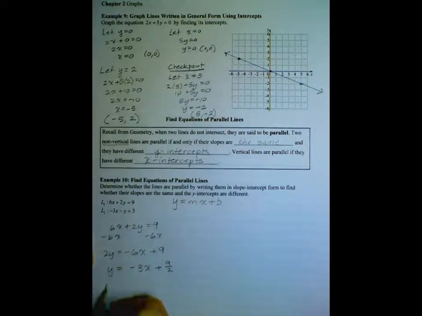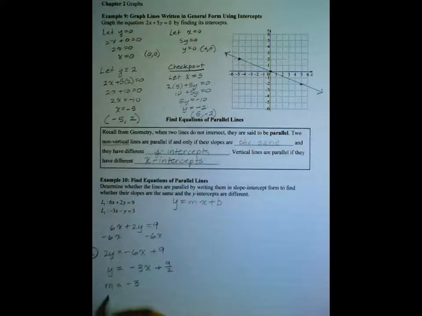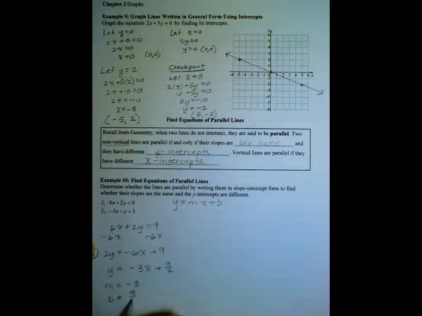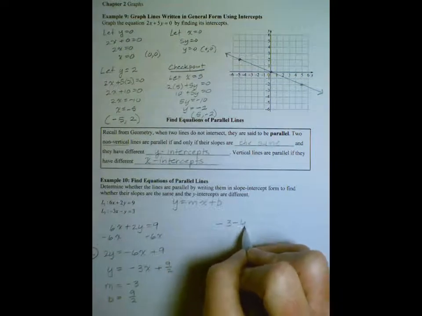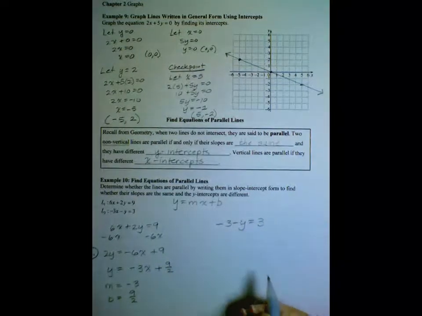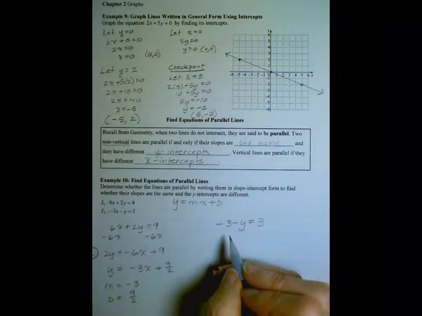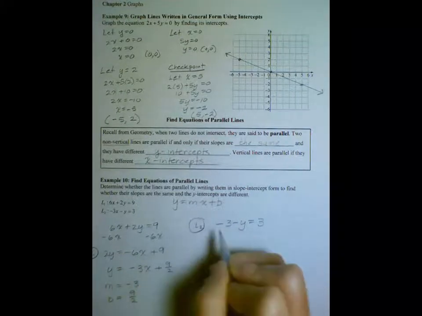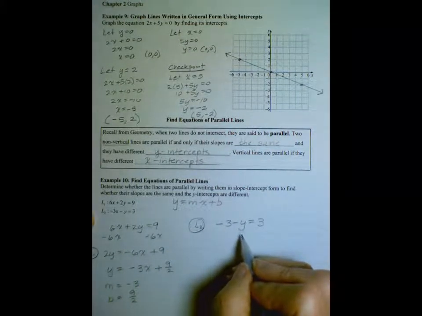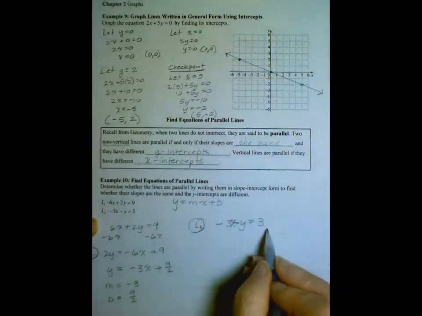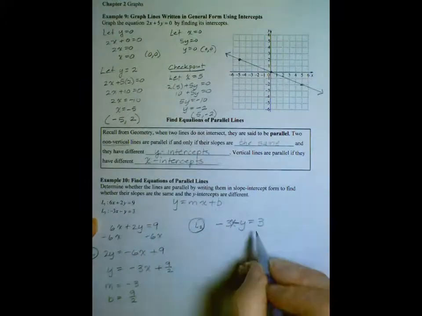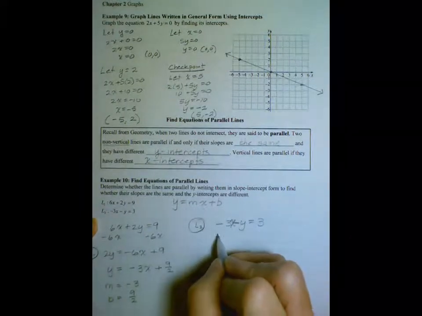So the slope for line 1, this is all line 1, the slope is negative 3, and the y-intercept is 9 halves. All right, let's do line 2: negative 3x, sorry, minus y equals 3. Okay, so we want to get it in this format, so we'll add 3x.